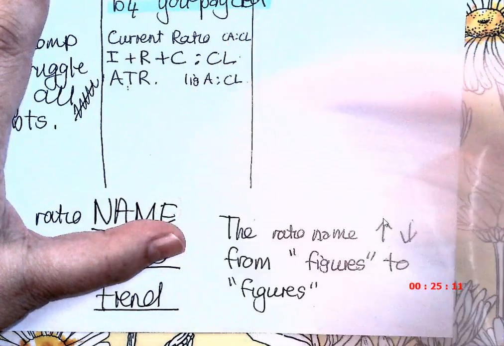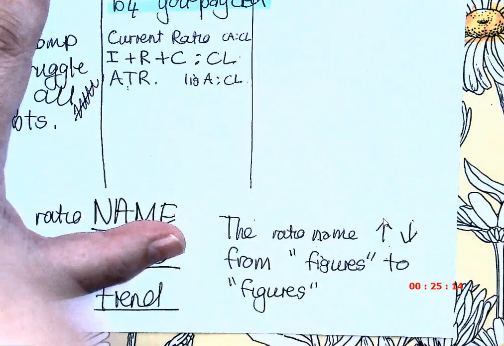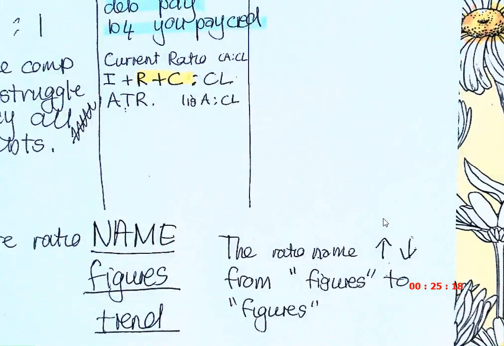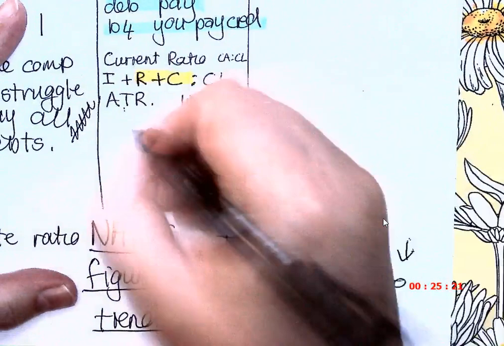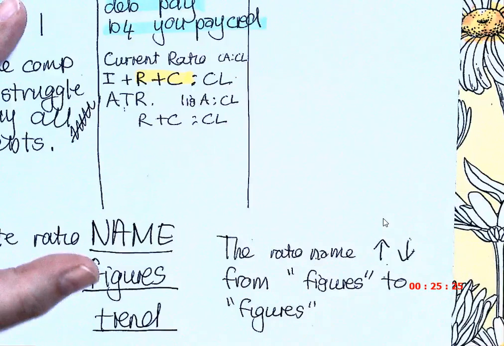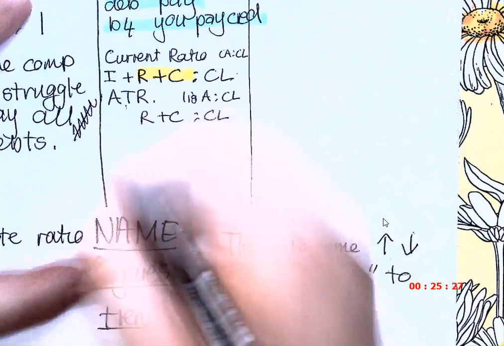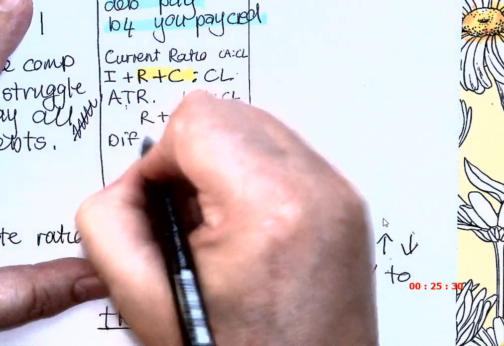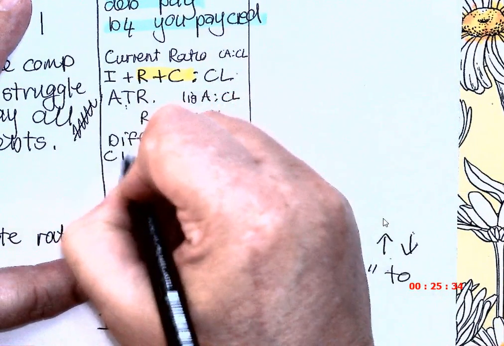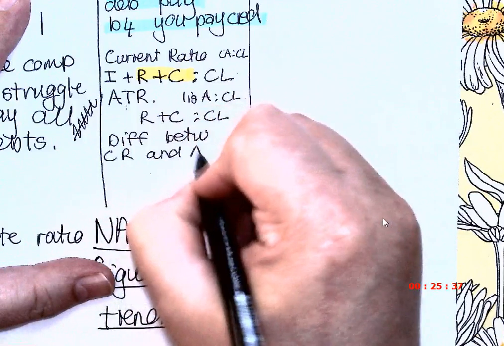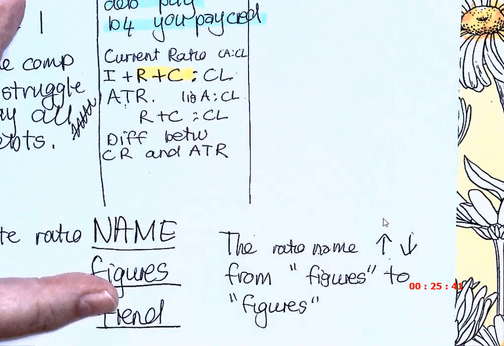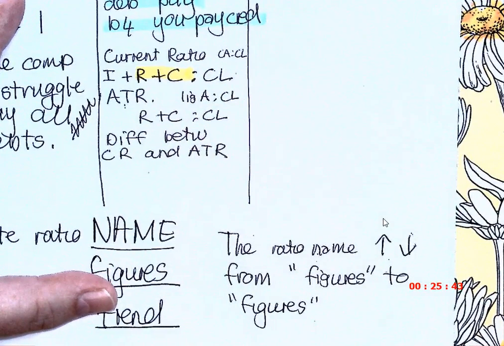What are my liquid assets? The ones that turn into money the fastest, so literally my receivables and my cash, to current liabilities. If I ask you what the difference is between the current ratio and the asset test ratio, what is the only thing that is in only one of them?